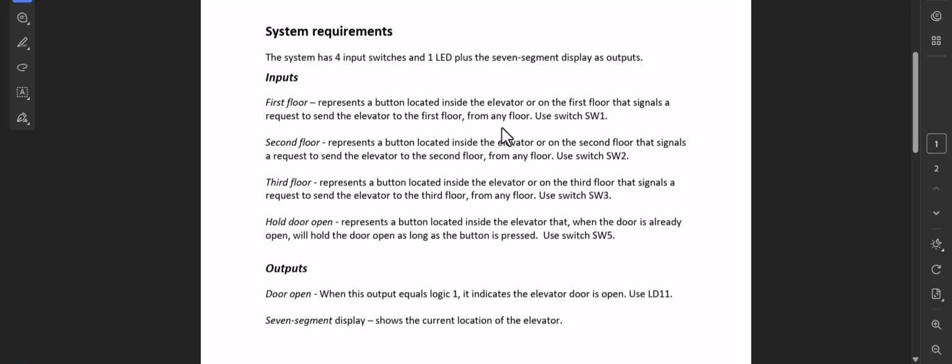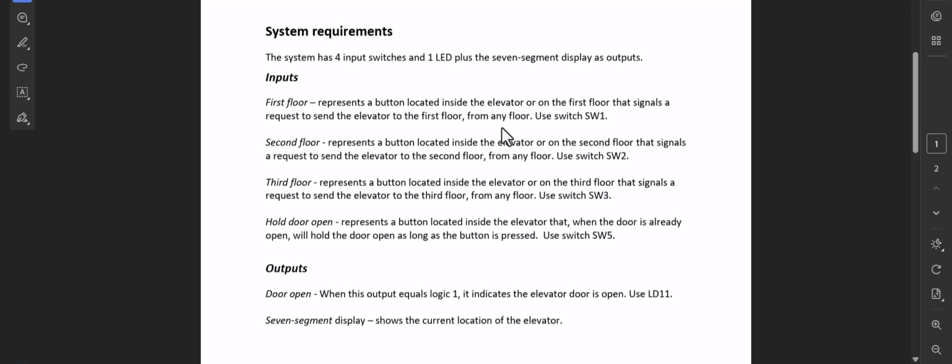And the way it works is the switches represent the floors, and pressing the switch represents calling the elevator to that floor. And then every time you press the button, the elevator advances depending on where it is. Like if it's on the first floor and the third floor switch is switched, then it's supposed to head to the third floor.